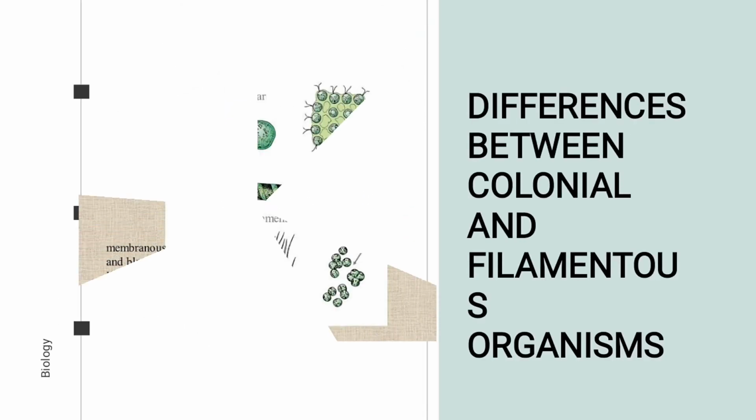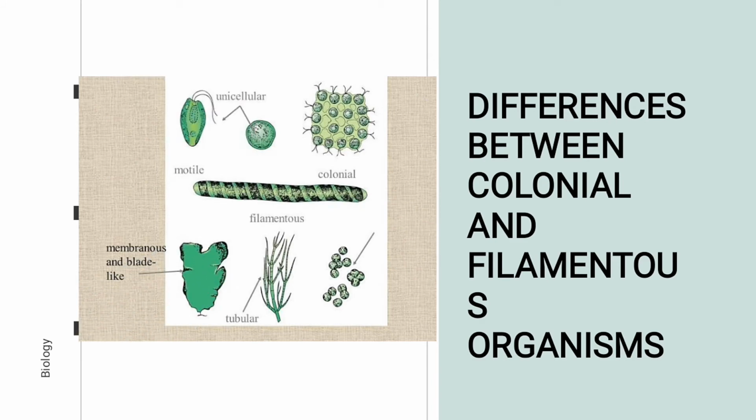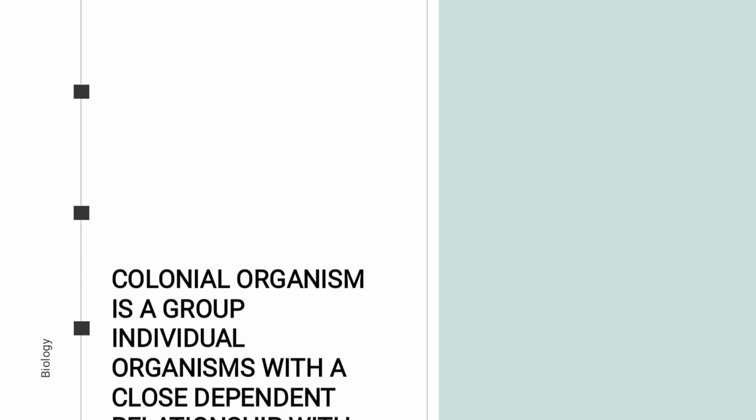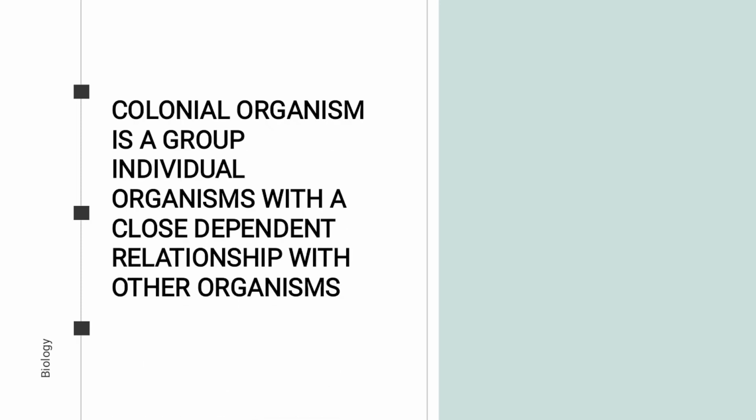And then we now talk about the differences between colonial and filamentous organisms. When we talk about colonial, these are organisms that exist in colony, just as we talk about volvox. And filamentous are organisms that exist in filaments. Example is the Spirogyra. So what are the differences between colonial organism and filamentous organism?